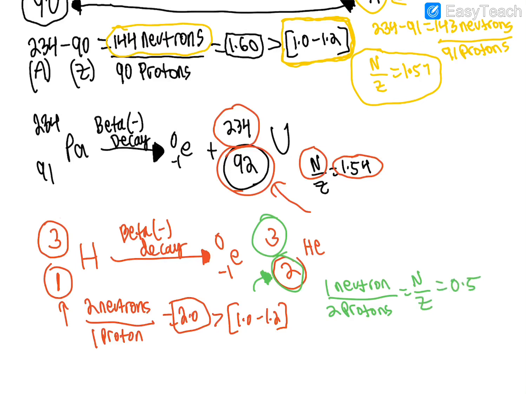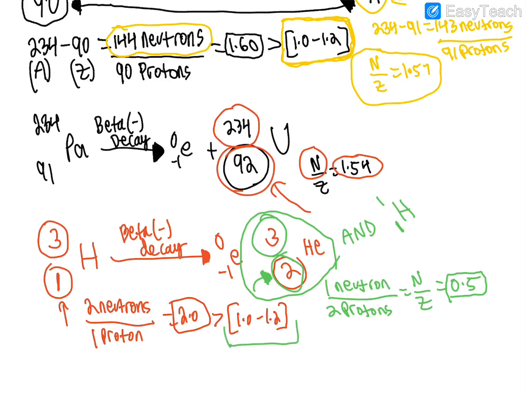Now right away, I'm thinking this is not stable, but we have to correct that thought because helium-3, which we used in this example, and protium, which is another isotope of hydrogen, are two exceptions when we look at the range.